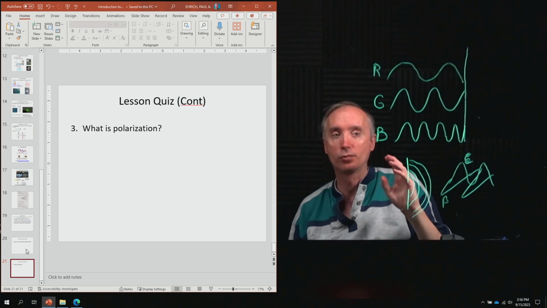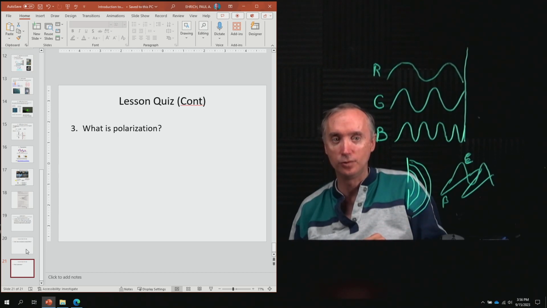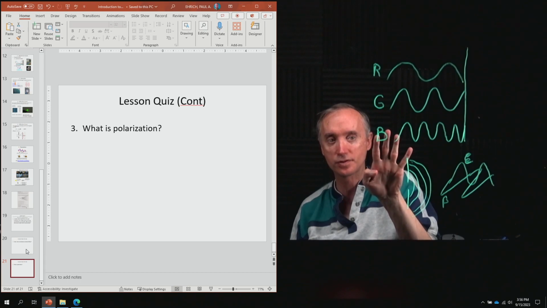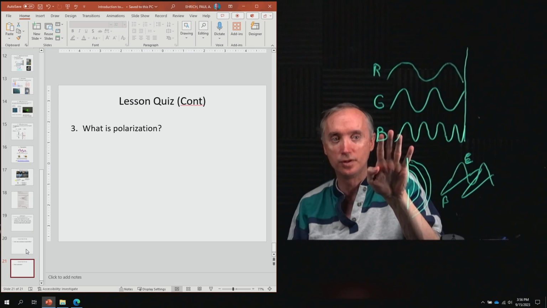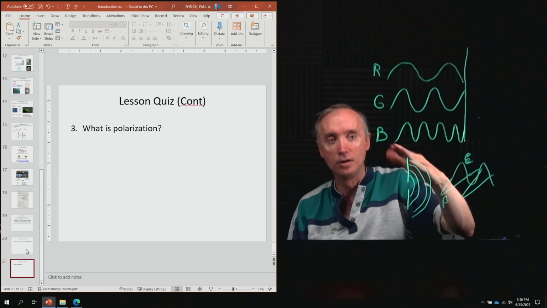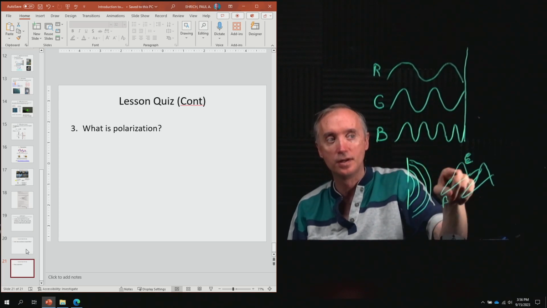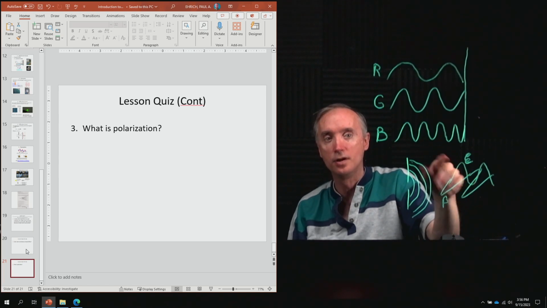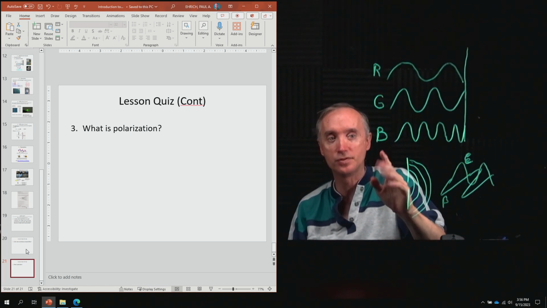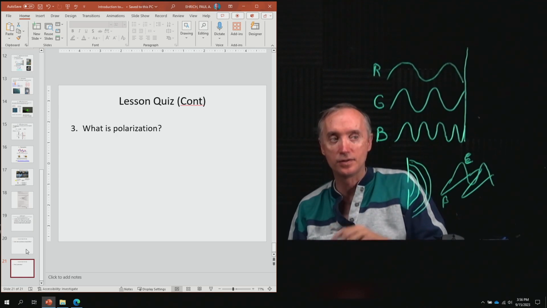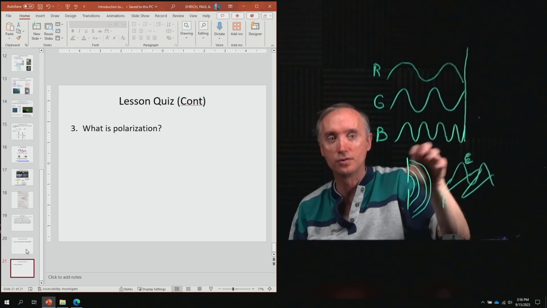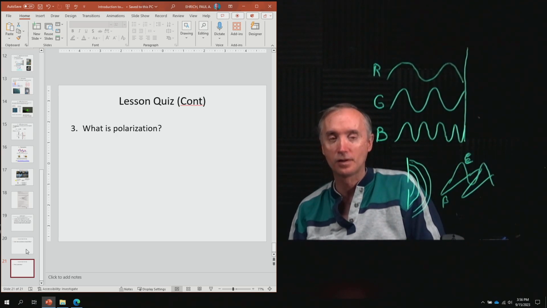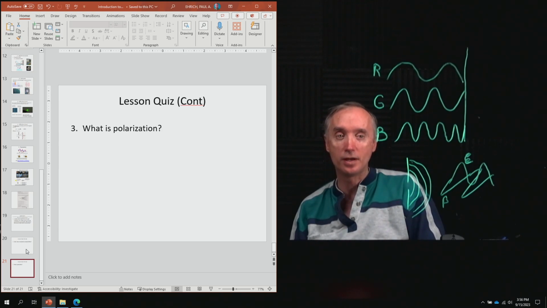But when we run it through a polarizer, which is a piece of plastic that has crystals in it that kind of make a picket fence, then it's going to block all of those other polarizations except for the polarization that matches the polarizer. And so then we say the light is polarized once it goes through the polarizer. Okay, and that's the principle behind polarizing sunglasses.